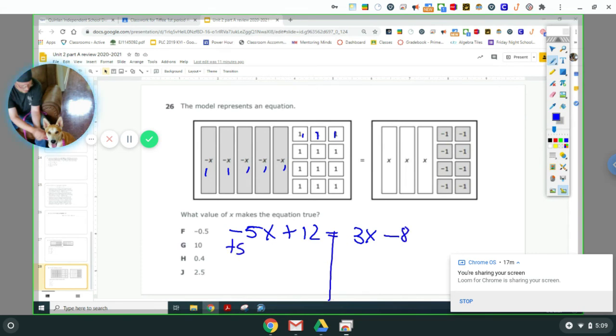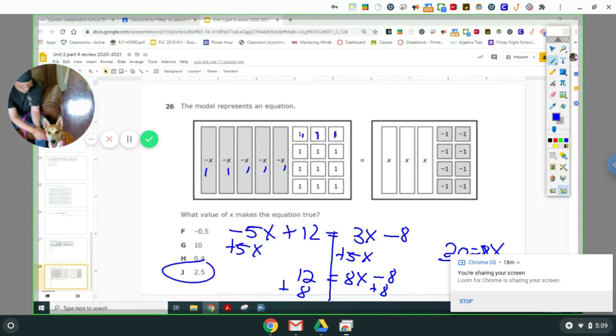So I'm going to add 5x to both sides. So then you get 12 is equal to 8x minus 8. So then you're going to add 8 to both sides. So then you get 20 equals 8x. So then you're going to divide both sides by 8. So then 20 divided by 8 is 2.5. So J is the final answer for 26.